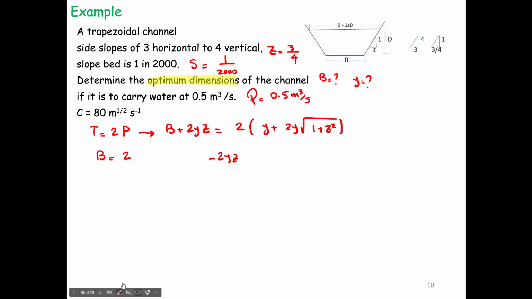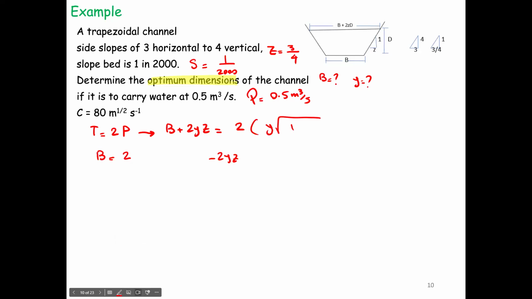Yeah, that's not correct. Just give me 1 second. You don't need that one. P was 2Y. Yeah, that's correct. So that's correct. B, I'm keeping that part. And you don't need 2 here as well. Just 1 here. So maybe I can shift it a bit back.